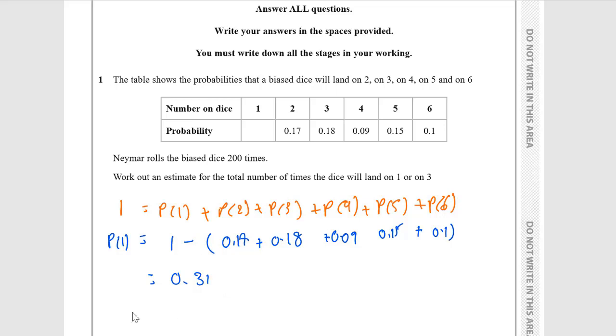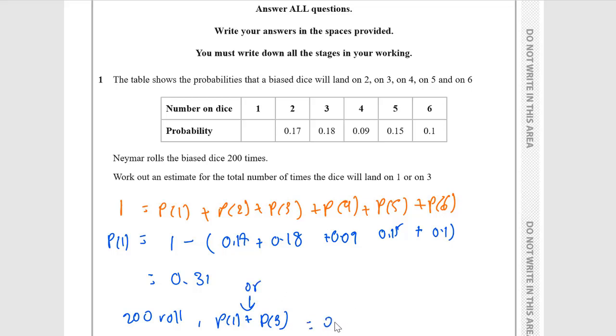And so now, if we roll 200 times, we want P1 or P3. The "or" represents a sum.